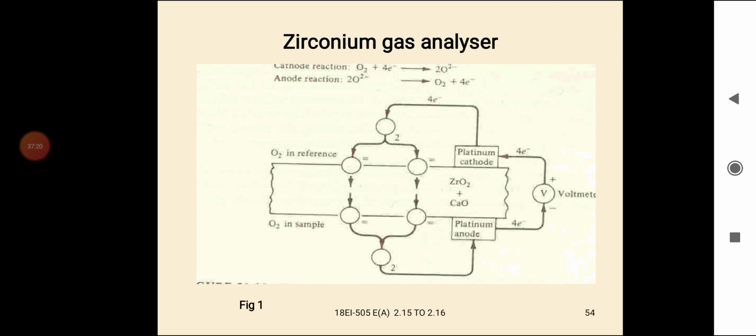This lattice is stabilized by calcium oxide or yttrium oxide. Two platinum electrodes are placed on the two sides of the zirconium oxide lattice. The two electrodes are arranged, one in the reference stream and one in the sample stream.